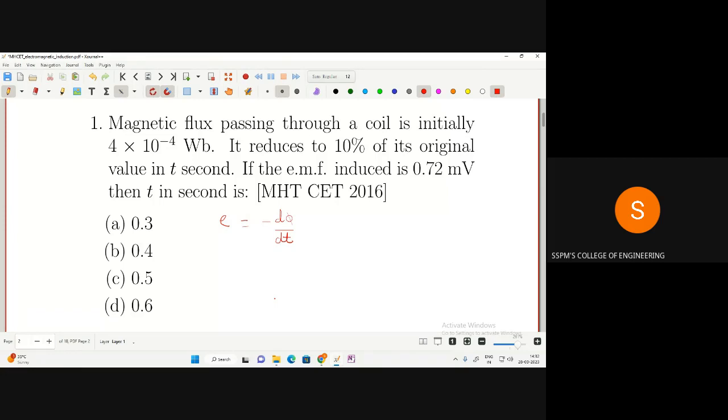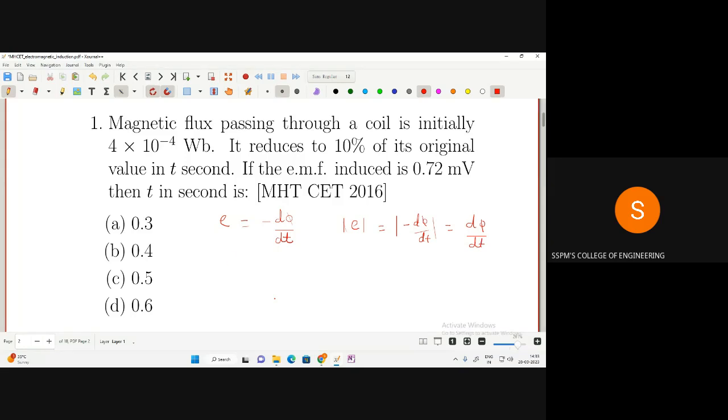The EMF induced is equal to minus rate of change of magnetic flux with time. We are interested only in the magnitude. The magnitude of the EMF is the magnitude of minus the rate of change of magnetic flux with respect to t, and it is equal to d phi by dt.